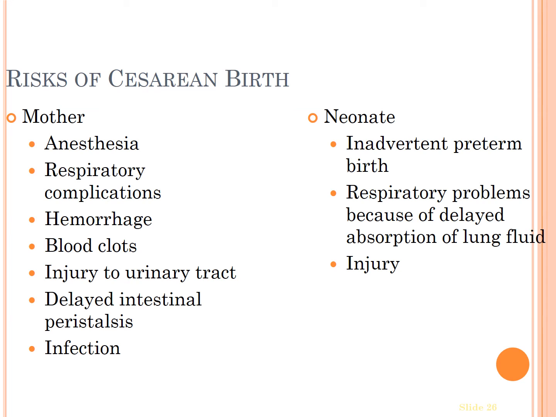We have to suction them more. Their lungs may be wet sounding when we listen to them. And, of course, that's why we want them to cry and scream and all that. Sometimes it just takes a little longer for their bodies to either get rid of it or to absorb it. And then, of course, just because knife blades and instruments are being used, there can be injury.